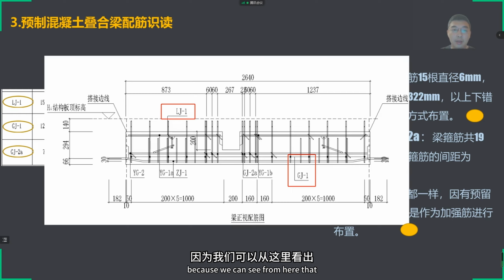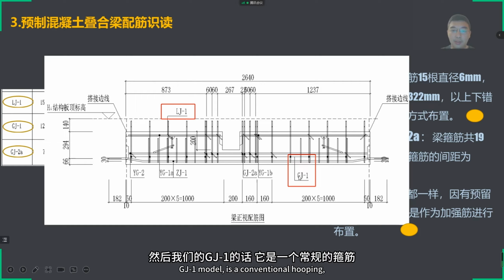Because we can see from here that at the postcast notch of our hooping, according to our specifications, it is necessary to add reinforced hoopings. So we get J2A. It is a reinforced hooping, a total of 7.